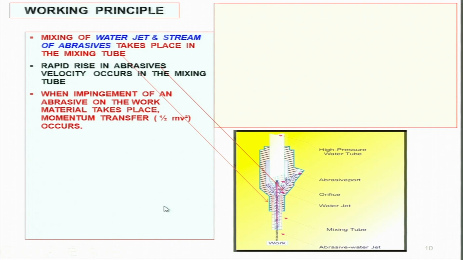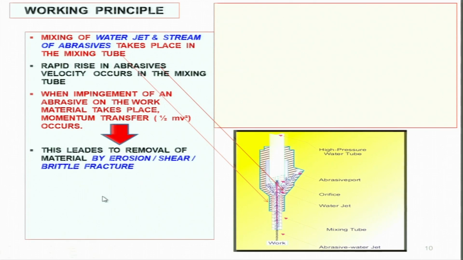And please note, here the velocity of water may be very, very high. It can be as high as 800 to 900 meter per second. So you can calculate what will be the momentum of the abrasive particles having very low mass, or kinetic energy, which is really responsible in this particular case for the removal of the material from the workpiece.